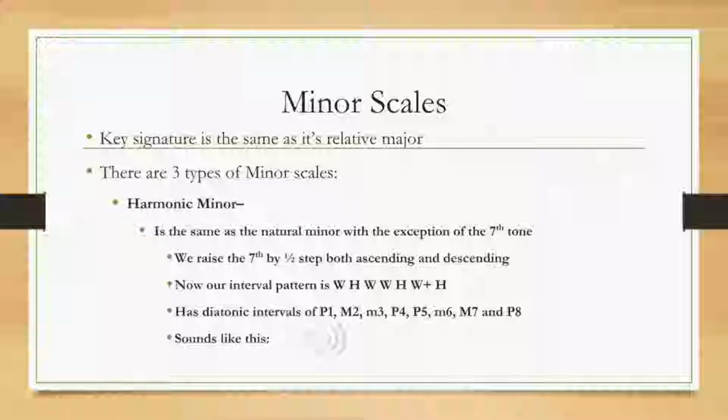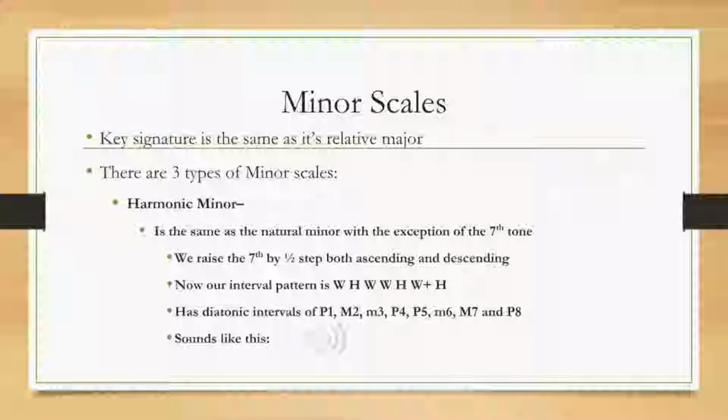All right? So now our diatonic intervals go from the perfect first to the major second. Again, the exact same as the major scale and the natural minor scale. Then we do the minor third, which was the same as in the natural minor scale. The perfect fourth and perfect fifth, same as the major scale and the relative minor scale. The minor sixth, which is the same as the natural minor.